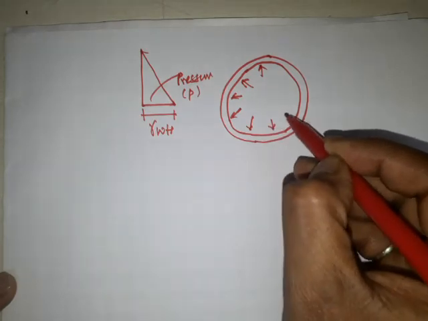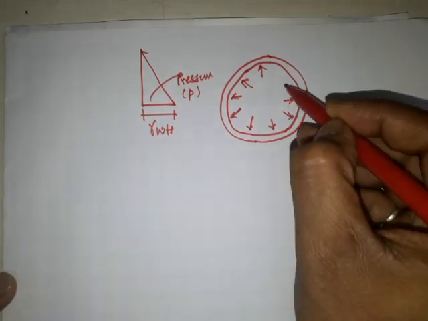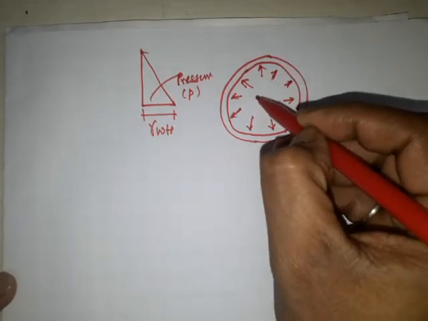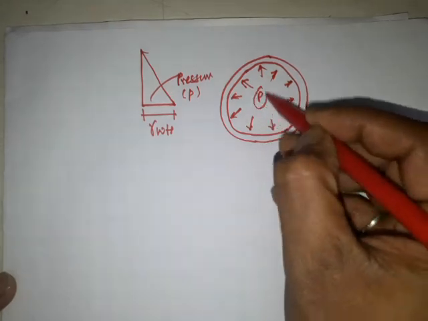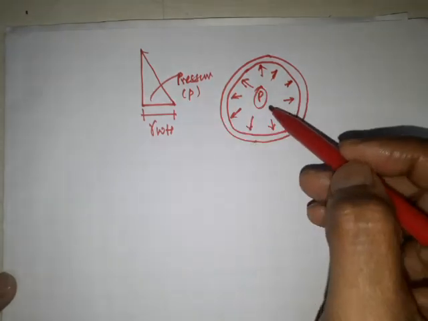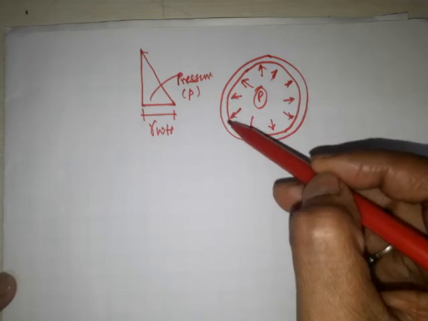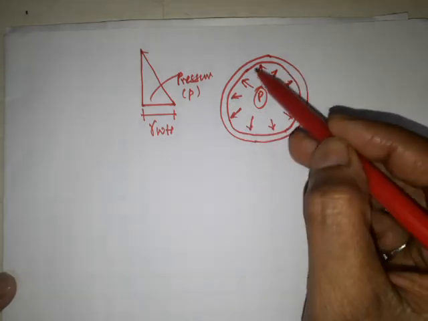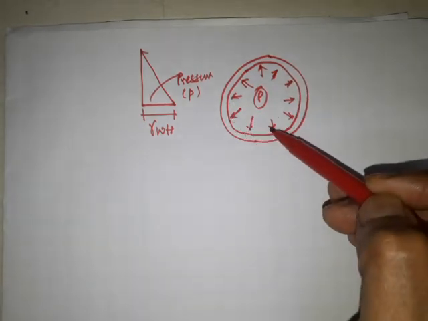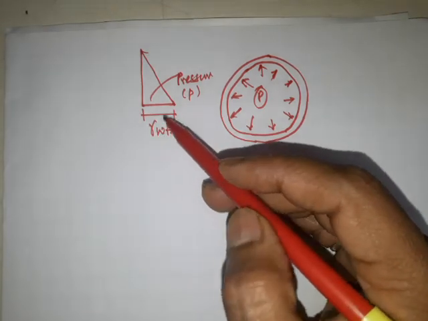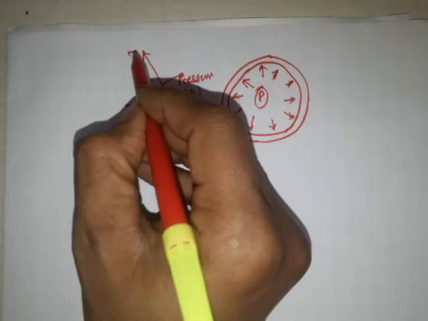The walls have to resist the water pressure P, because this P will be generated at each point of the water tank. Here we have the water pressure gamma W into H for height H.